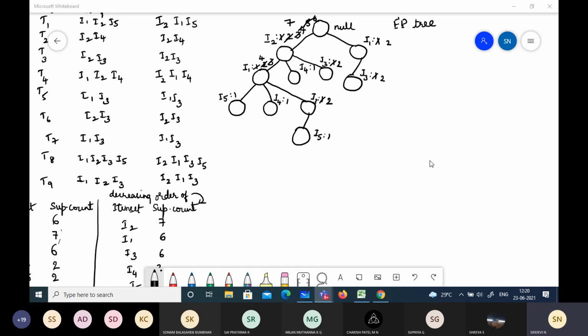It's quite easy. Okay, now we have to write a table and identify the frequent patterns which are being generated using this FP tree.